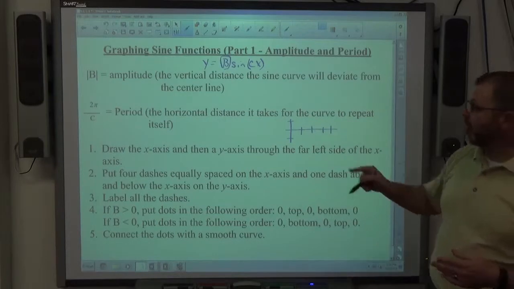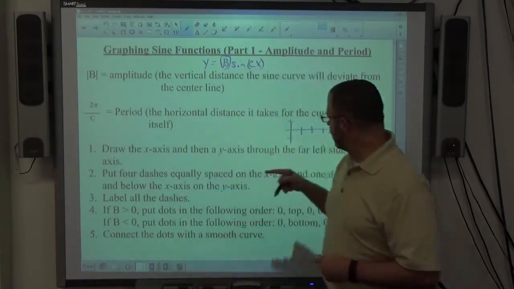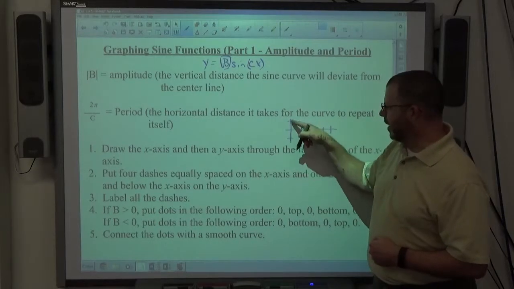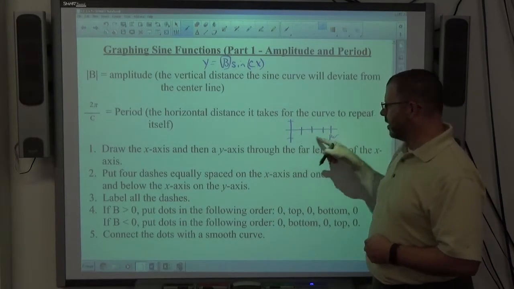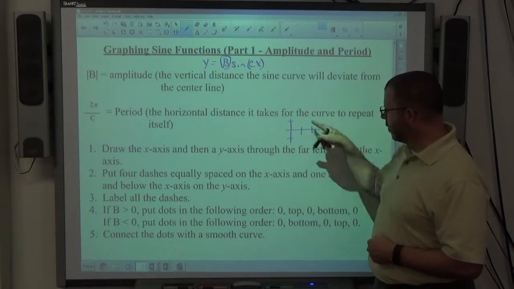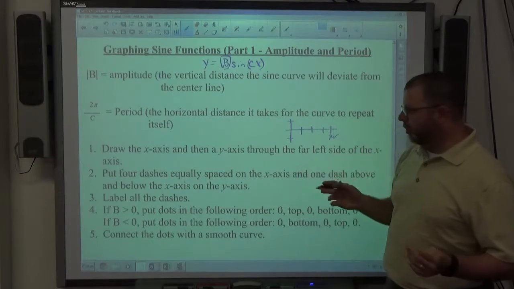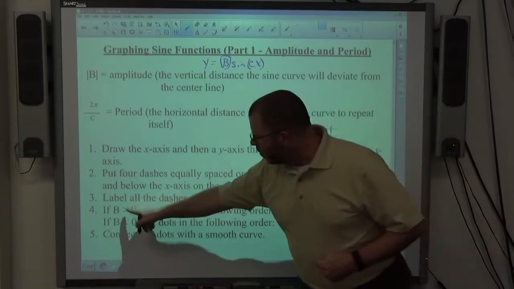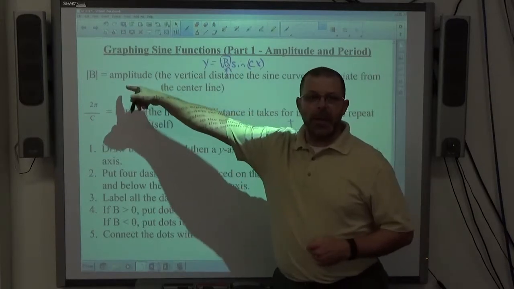Now labeling the dashes comes from these things here. If I know what the period is, and I know what the amplitude is, amplitude tells me how far to go up and down, and period tells me what this is. And then I've got to cut it into fourths. So divide the period by 4, that's how much you go up for each dash. Then one of two things is going to happen. B is either greater than or less than 0, the original B, before we took the absolute value.